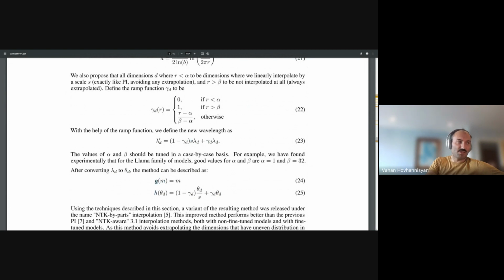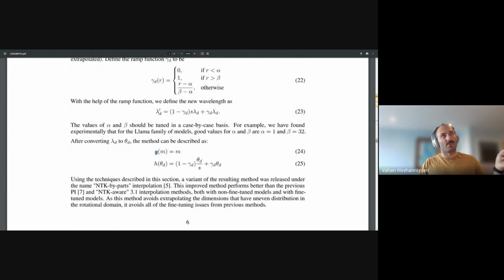Remember the G and H that we used to generate the position embeddings, right? That we use to convert the positions into position embeddings in the queries and keys. So those are those two functions. And then G of m remains just m, but the h before was theta, and now H becomes the scaled version of theta.